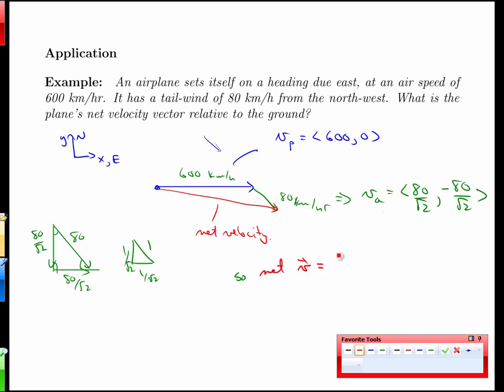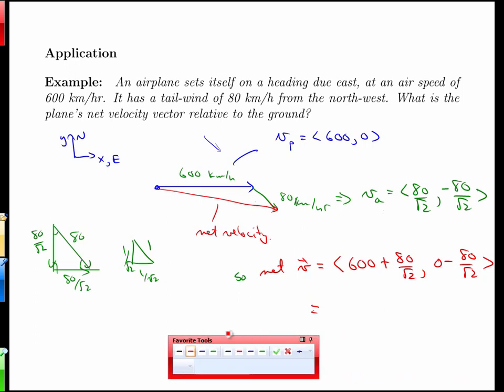So our net velocity vector is going to be (600 plus 80 over root 2, 0 minus 80 over root 2), and there's not much we can do with that, so I'll just leave it as that. That vector defines this quantity that we sketched out on the diagram.